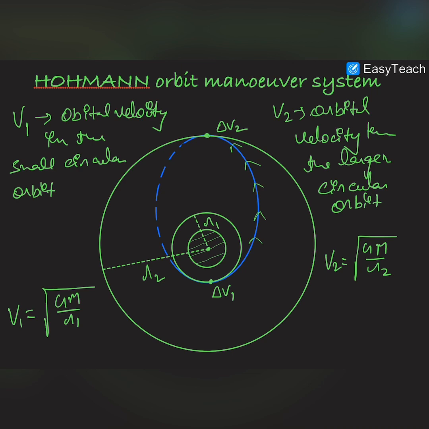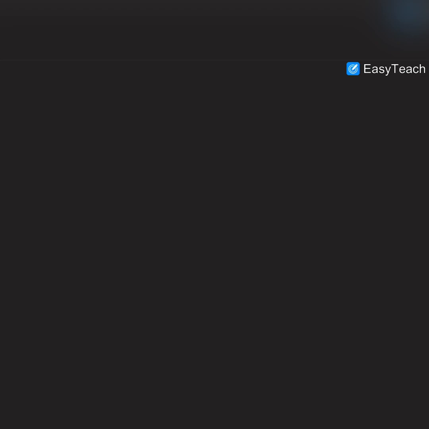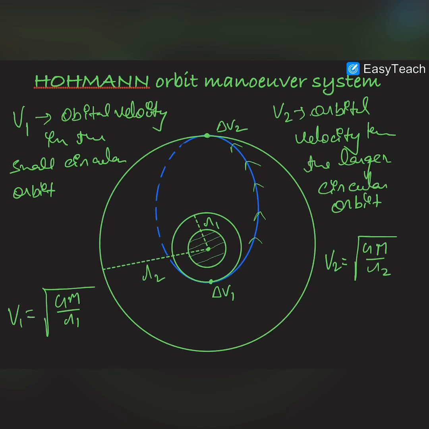But we need to transfer the satellite, which is initially revolving in this circular orbit, to the bigger circular orbit through this elliptical path. So first of all we need to give an impulse, and that impulse is given to the satellite by impulsive rocket firing.